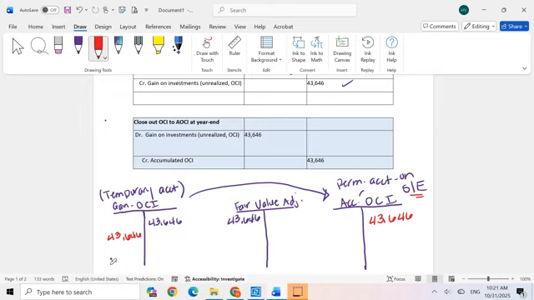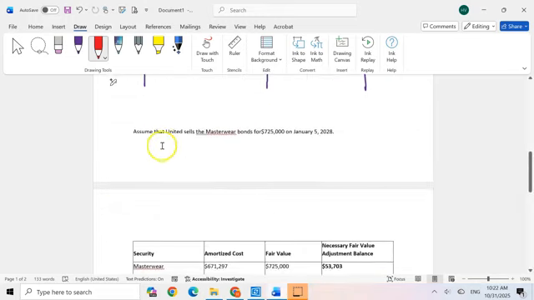So as of 12/31/27, I'm going to write 12/27 on here, accumulated OCI has a credit balance of this 43,000.